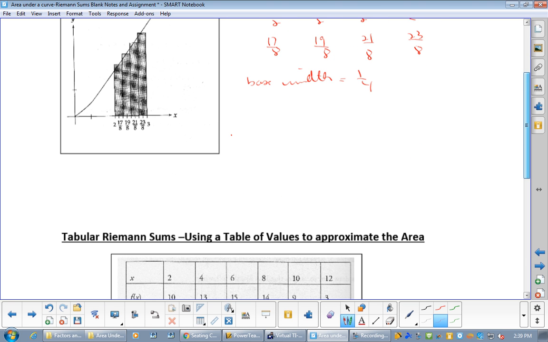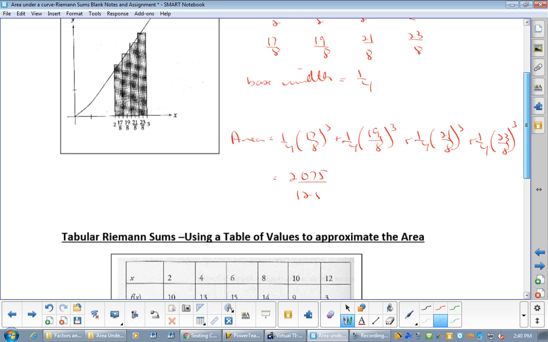Okay, so then area equals 1/4 times (17/8) cubed plus 1/4 times (19/8) cubed plus 1/4 times (21/8) cubed plus 1/4 times (23/8) cubed, which gives me 2075/128, and you get 16.211.